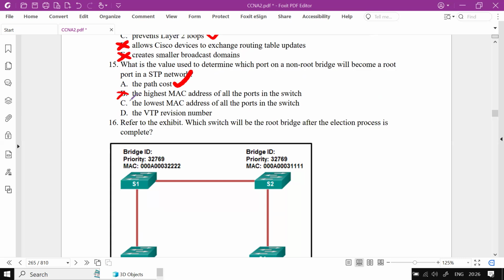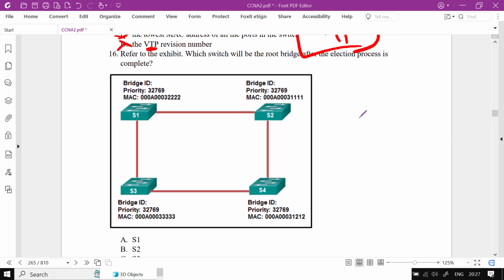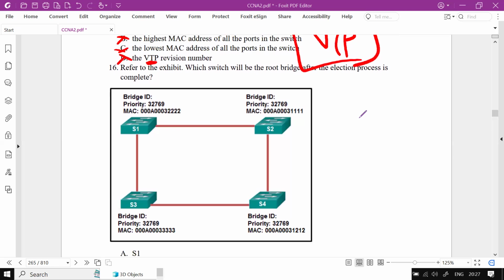The highest MAC, the lowest MAC, the VTP. Do you know what VTP is? What is VTP? I think we had no discussion on VTP, but is it not the VLAN Trunking Protocol?